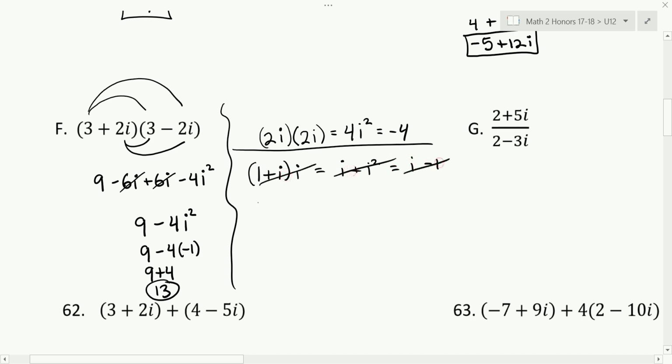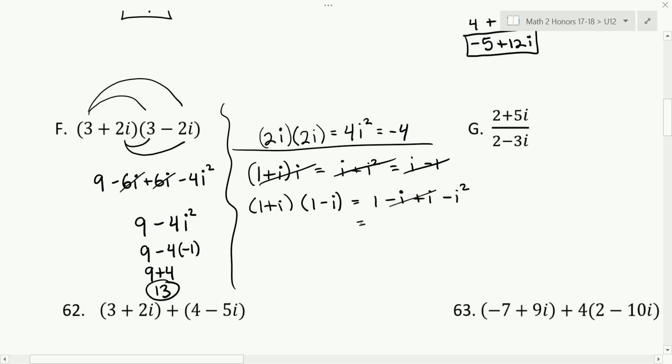Try it again. 1 plus i. What can we multiply 1 plus i by to make it a real number? 1 minus i? That's what you said, right? Right. Okay. So 1 times 1 minus i plus i minus i squared.